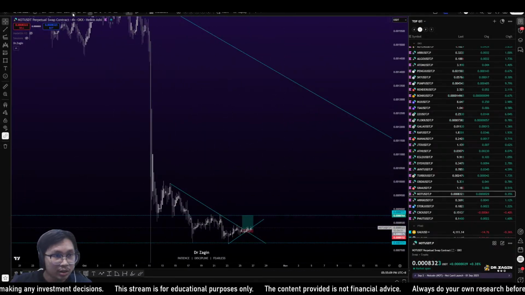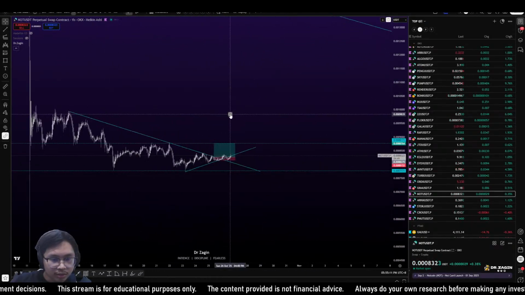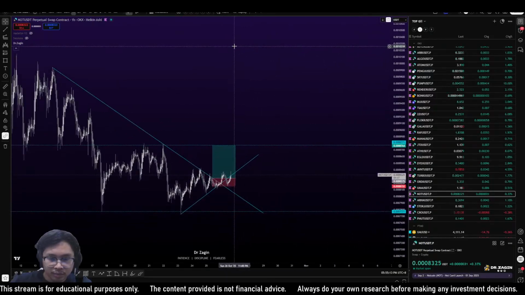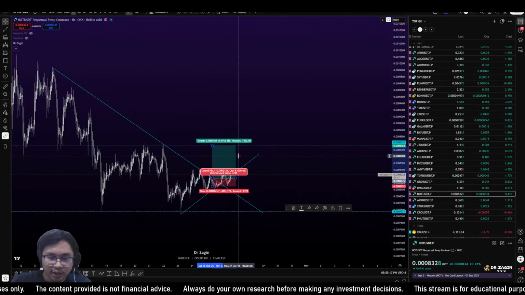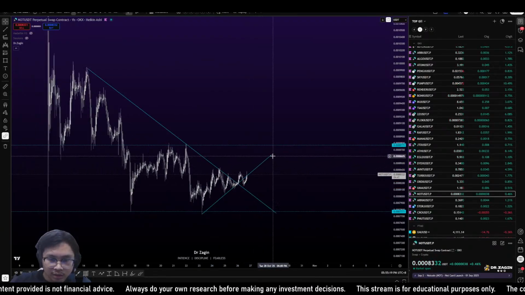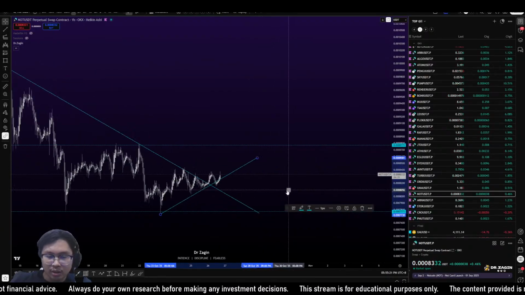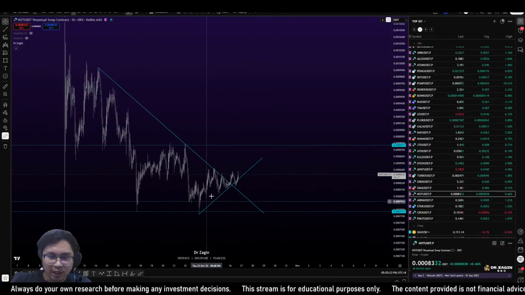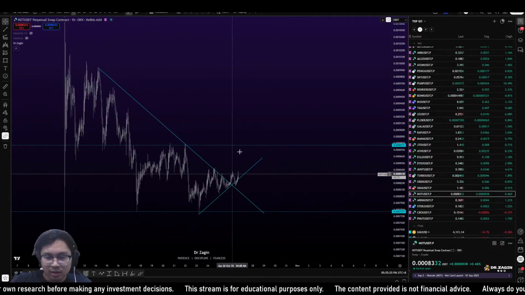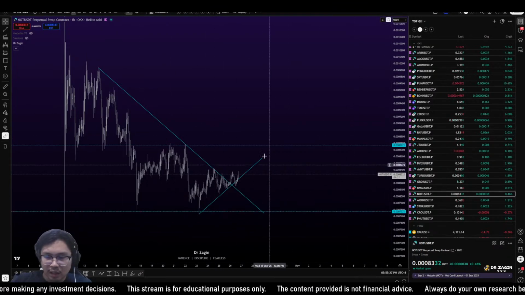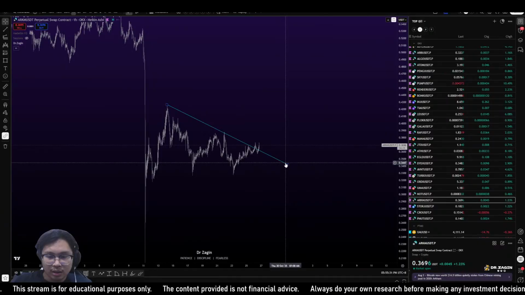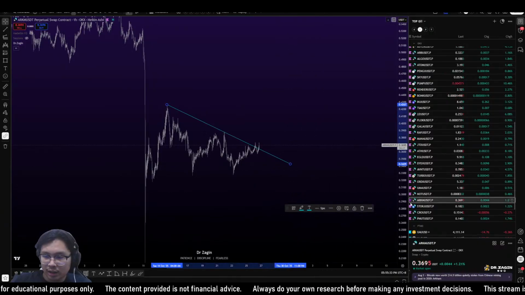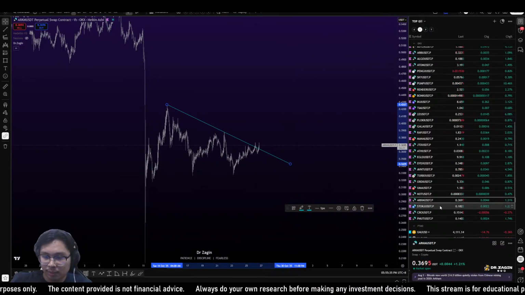What's this? I did not trade this as well, knowing that Notcoin is, I don't like the coin basically. I'm expecting low volume in this coin. ARKM.